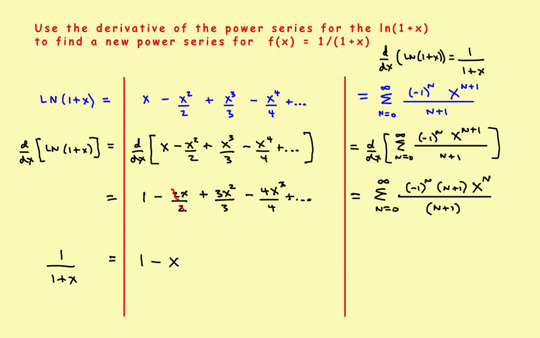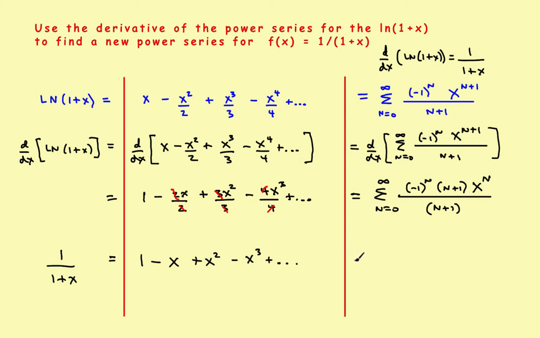And then in this next term, the 3's cancel out, so you just have plus x squared. In the next term, the 4's cancel out, which would give you minus x cubed plus and so on. So that's what the derivative would look like in the power series for that.